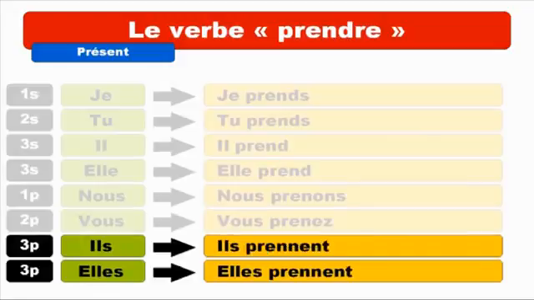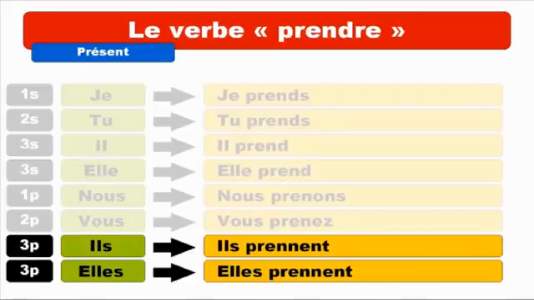And then finally, il and elle in the plural form. So, ils prennent. Repeat. Ils prennent. You can notice that the first E of prennent is pronounced like eh. The reason for that is that you've got a double N after that, so it changes the pronunciation of the E. That's why you've got ils prennent.